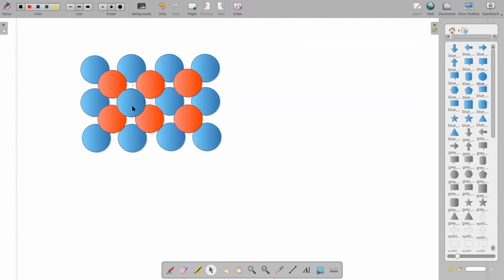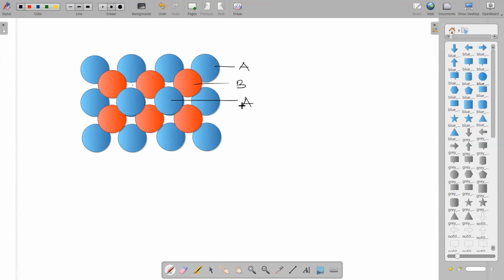So see, I'm placing that atom. This is my next layer, and I am placing that on the void made by the second layer. You can see that, in fact, I am just placing a layer which is very similar to the first layer. So the first layer is going to be our A layer, this is going to be our B layer, and this is going to be again our A layer.